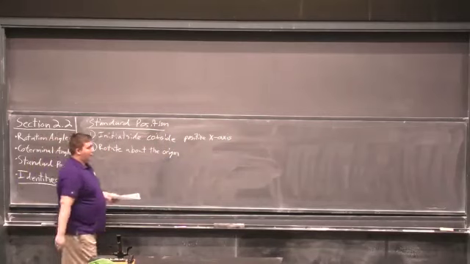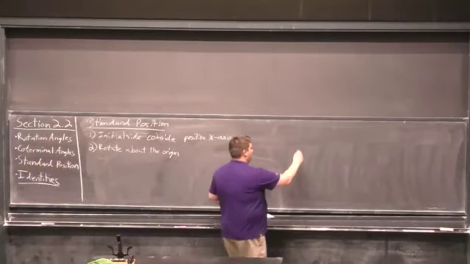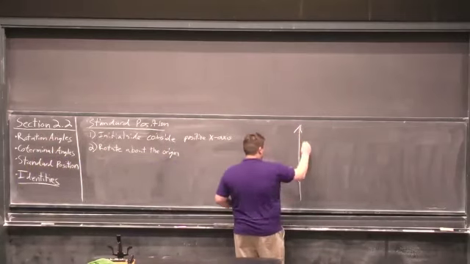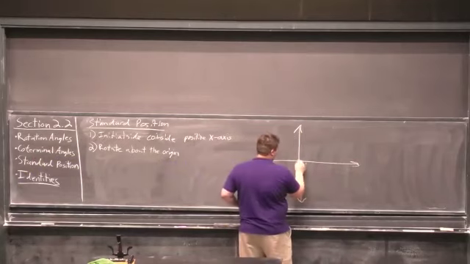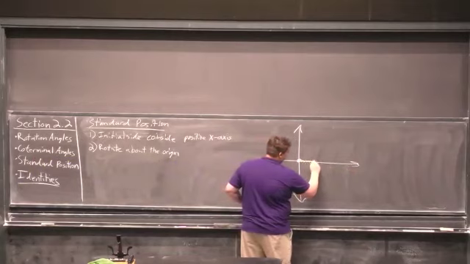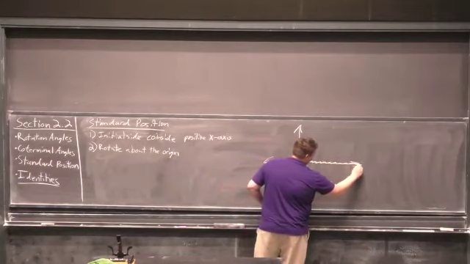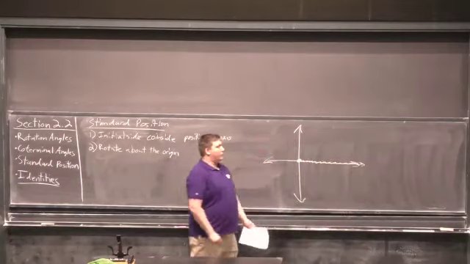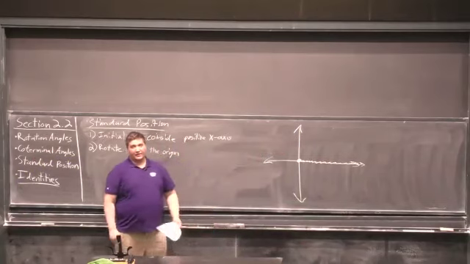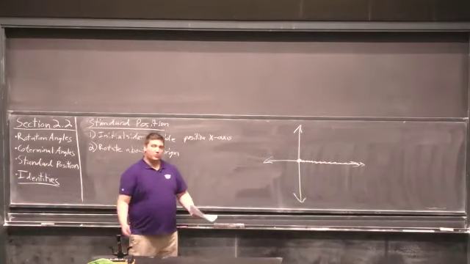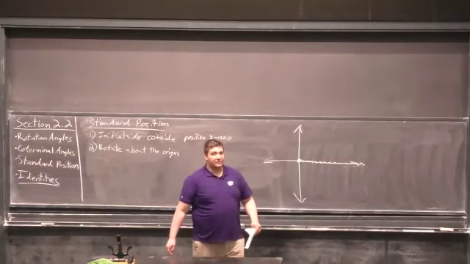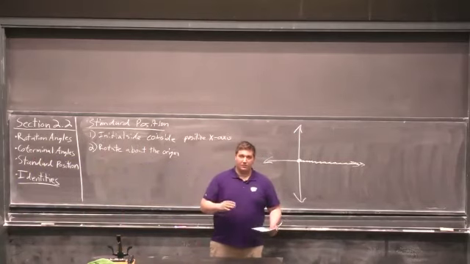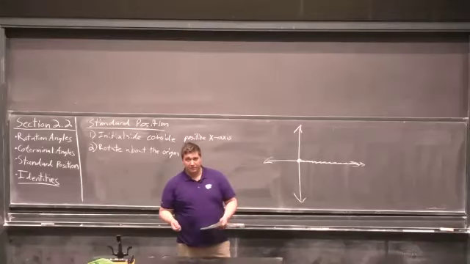So meaning that when we draw a graph, we're always going to start here. We're always going to start on the positive side of the x-axis. And we're going to rotate from there. Where? From the origin. This way, we can define a new coordinate system from there.